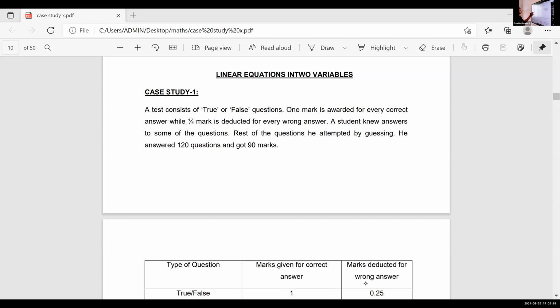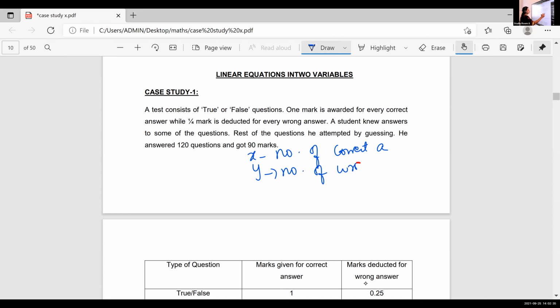X we can take as number of correct answers, and y we can take as number of wrong answers. So what is the first equation you will get? Total how many questions he has answered? X plus y is equal to 120. Yes, very good. X plus y is 120 is the first equation because there are 120 questions in all.